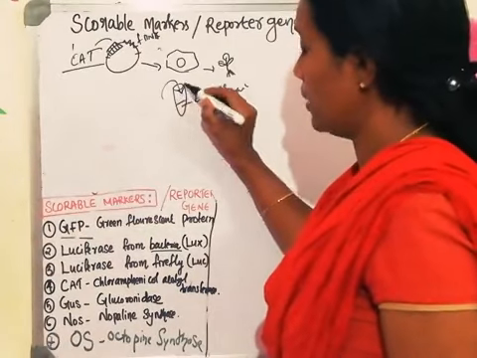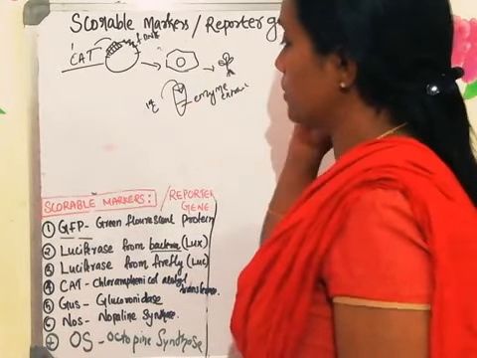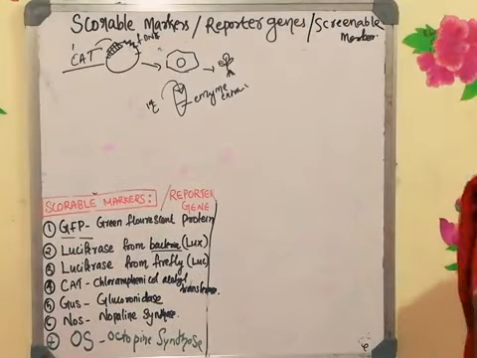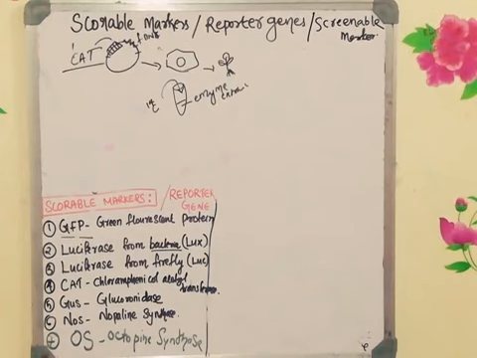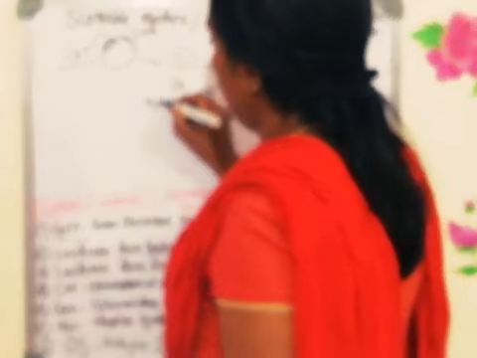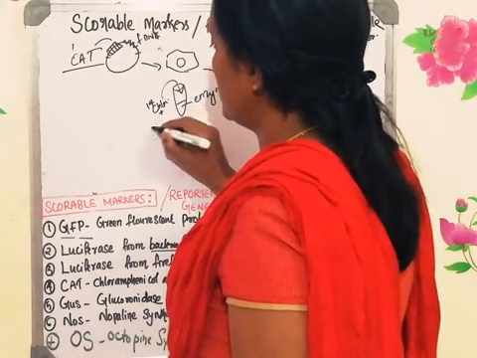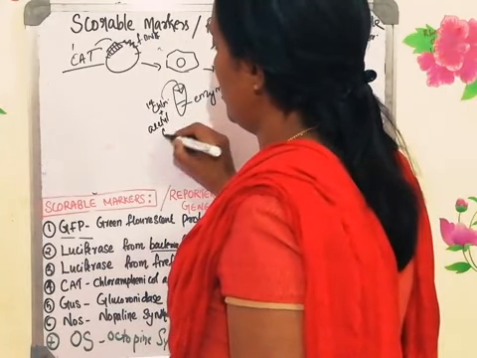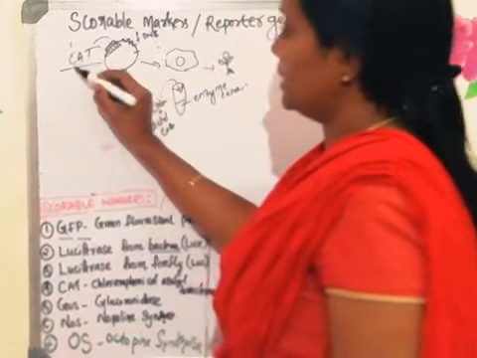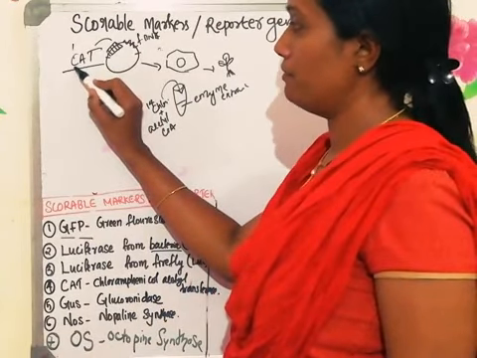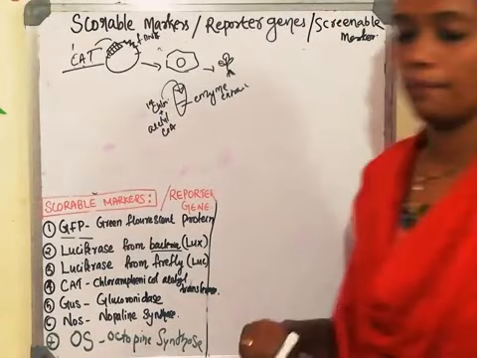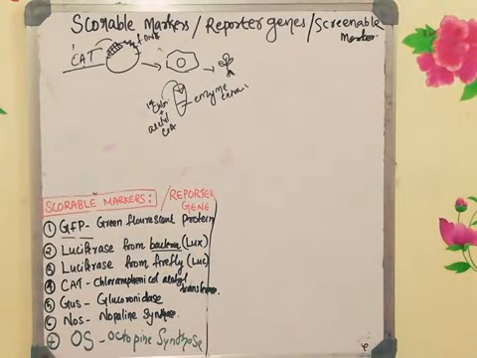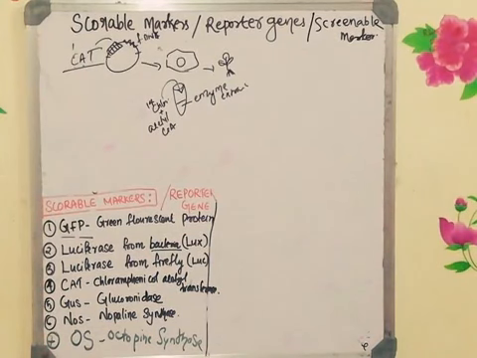Into the test tube, you have to add labeled chloramphenicol, C14 labeled chloramphenicol, and along with that you have to add acetyl-CoA. The enzyme is chloramphenicol acetyl transferase, so an acetyl transfer reaction will happen.